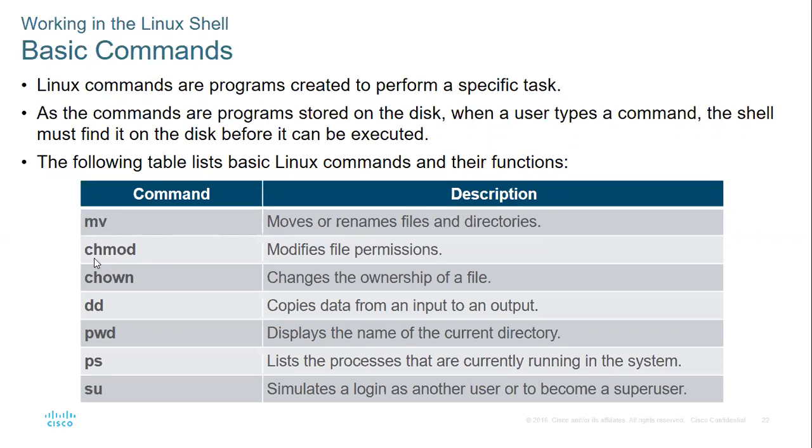Chmod, change mode, is for modifying file permissions. Chown is for changing the ownership of a file. dd copies data from an input to an output. pwd displays the name of the current directory.